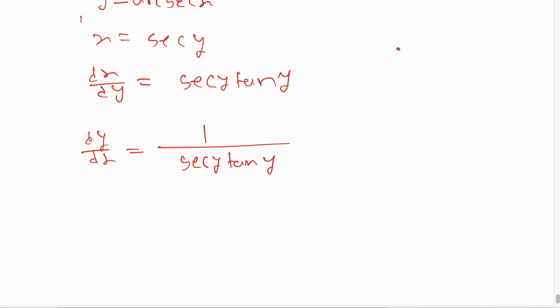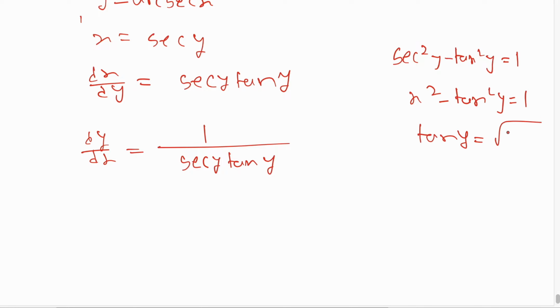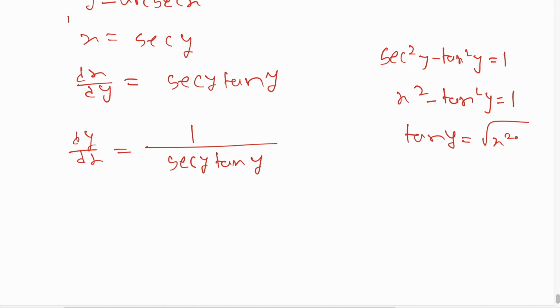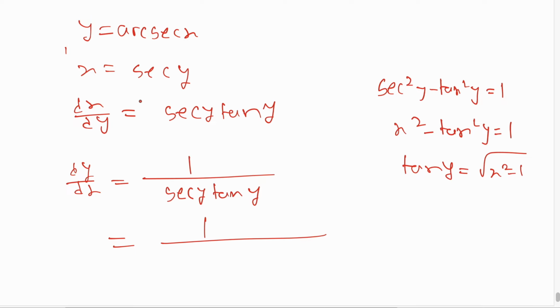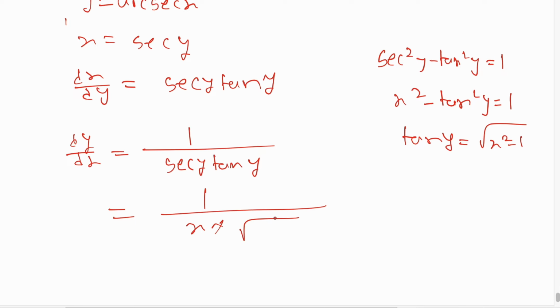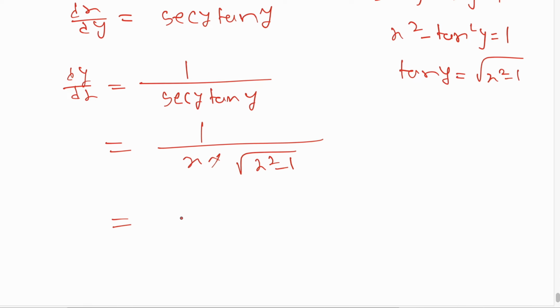So use the identity sec square y minus tan square y is equal to 1. So we got sec y, that means x, that sec square y is x square minus tan square y is equal to 1. So tan y would be root x square minus 1, then substitute it: 1 by sec y, that means x, multiplied by tan y, root x square minus 1, that means 1 by x root x square minus 1.